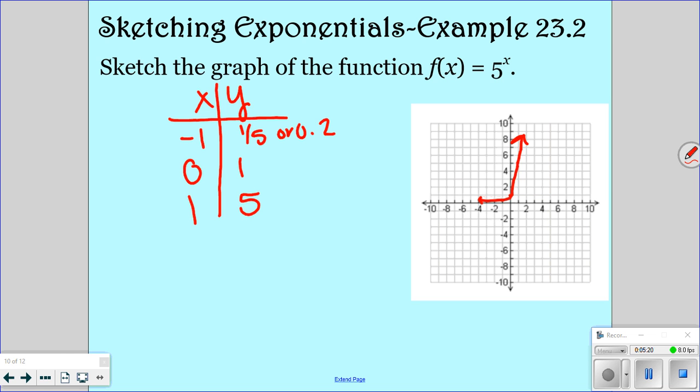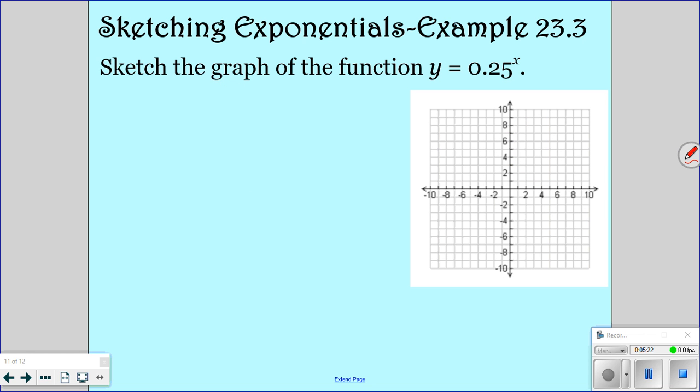Okay, so let's look at another one. I want y'all to try and graph this one by yourself, and then unpause the video and I'll go over it for you. So again, you're going to make a t-chart, and we're going to pick -1, 0, and 1 to plug in. If you plug in -1, you'll get 4. If you plug in 0, you'll get 1. And if you plug in 1, you get 0.25, which is 1/4.